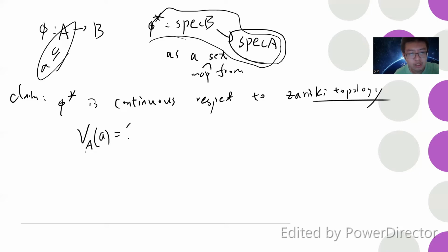Recall that V(A) is the set of prime ideals P in Spec A such that P contains A.